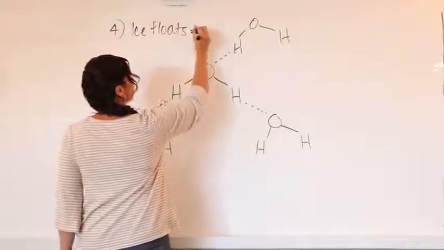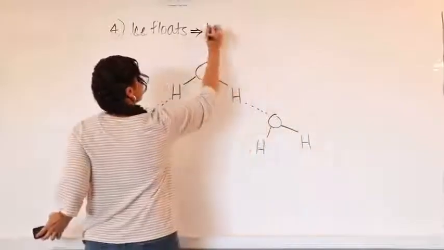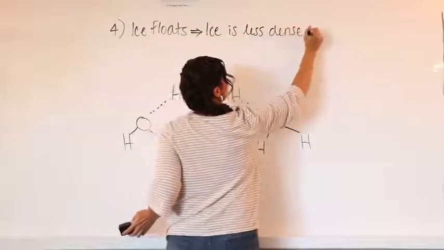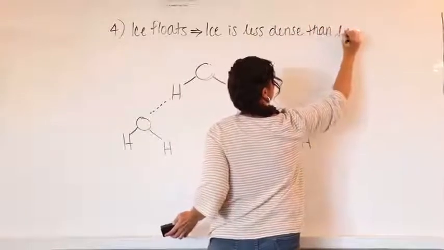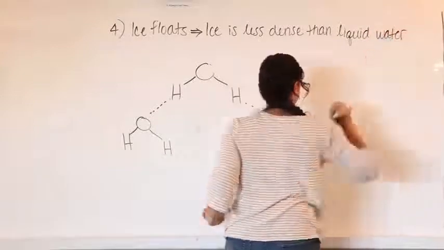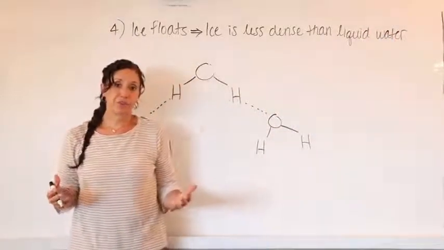So ice floats because, I'm going to erase this water, ice is less dense than liquid water. So imagine if you have a river or a pond that freezes over in the winter.